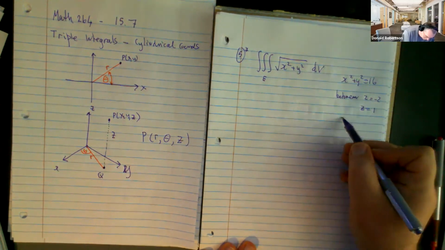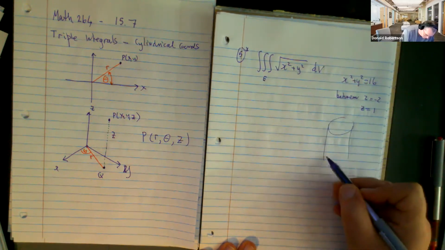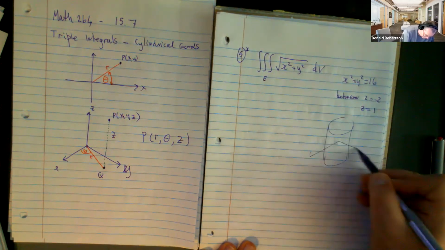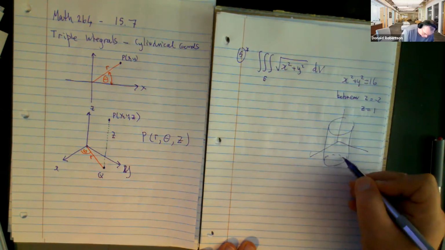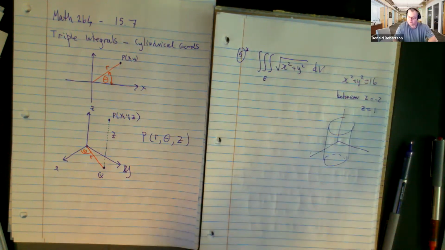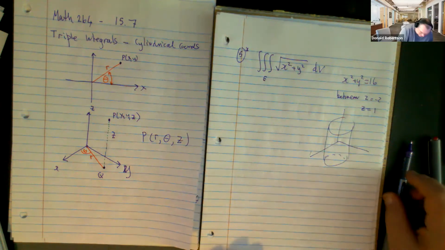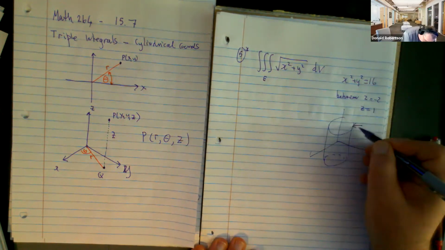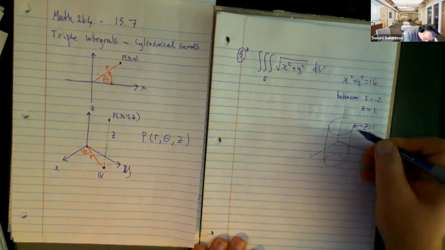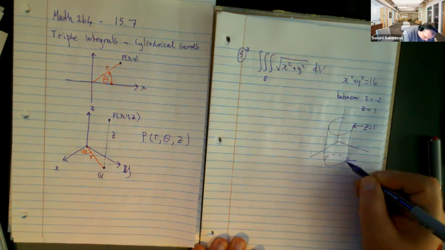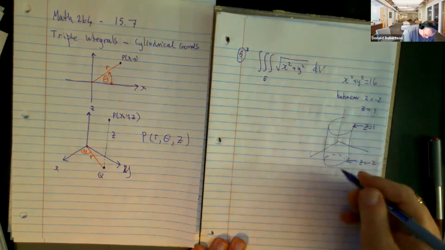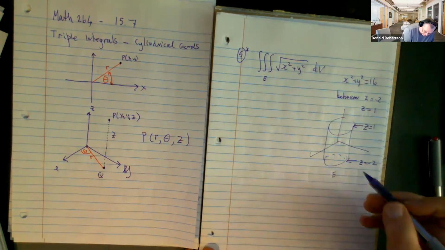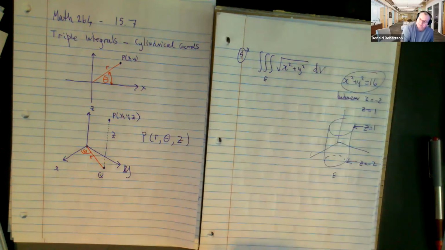So can you imagine a cylinder? The xy plane would probably be in this region, and the cylinder, some of it's below the floor and some of it's above the floor. And the heights they're talking about, that would be at a height of z equals 1, right? The level. And this would be at the height of z equals -2. So that's the region E.